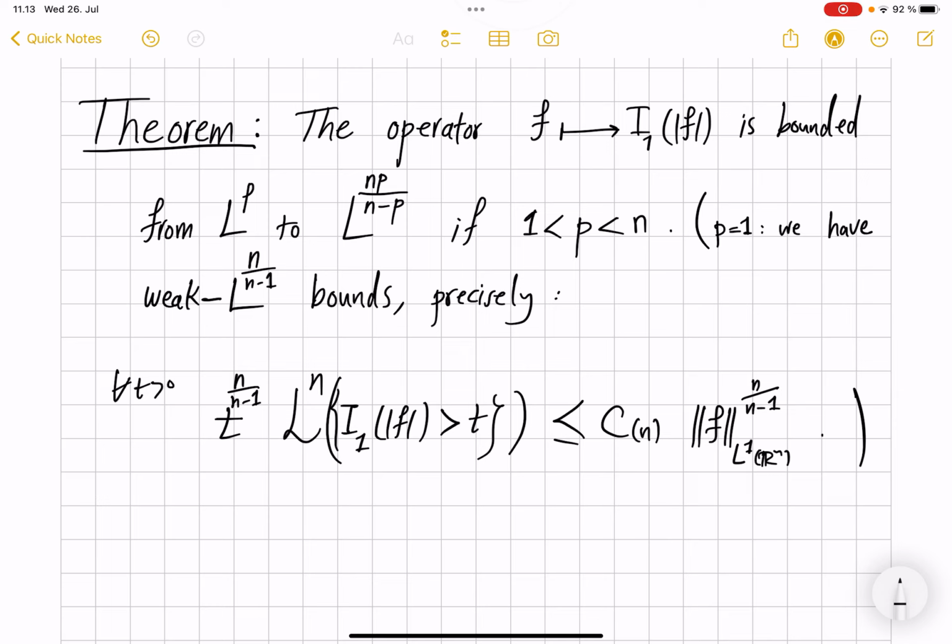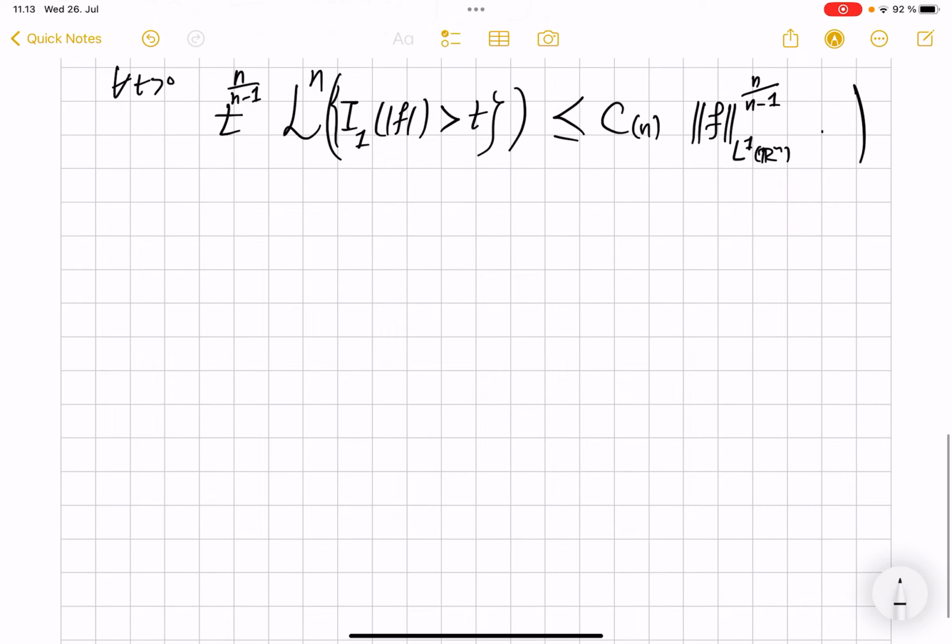Interestingly, the proof, called elegant by Heinonen, given in this book but not due to Heinonen, uses the maximal function theorem. To prove this boundedness theorem, we actually use an estimate of this type.